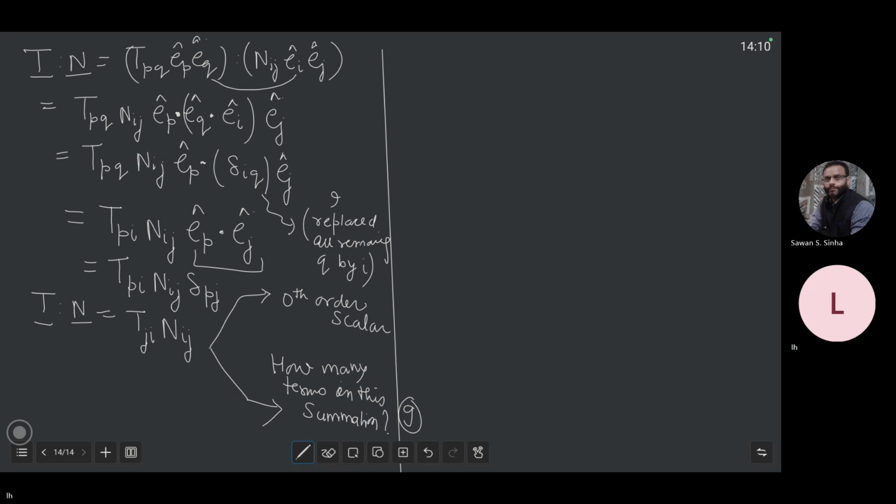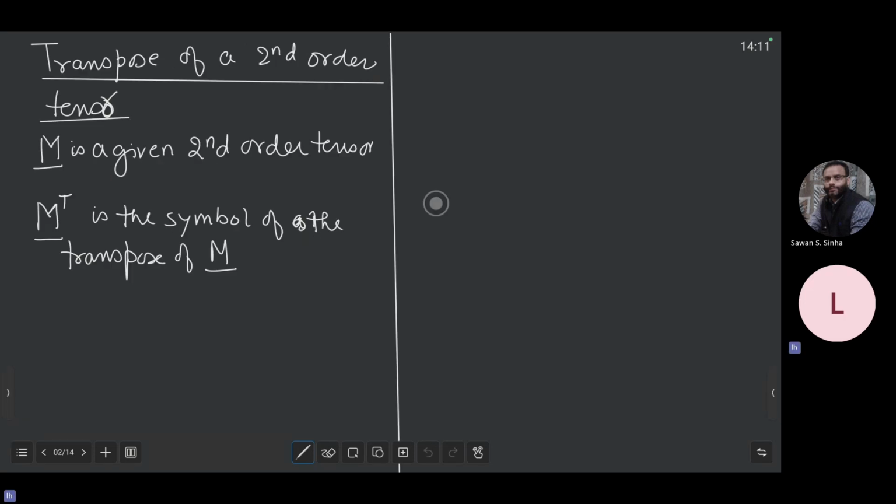All right. Transpose of a second order tensor. Now I'm talking only about a second order tensor. What is meant by transpose of a second order tensor? Suppose M is a given second order tensor. We know it is a second order tensor. We will denote the transpose of M, that is also a tensor, by M superscript T. Okay. And how is it defined?